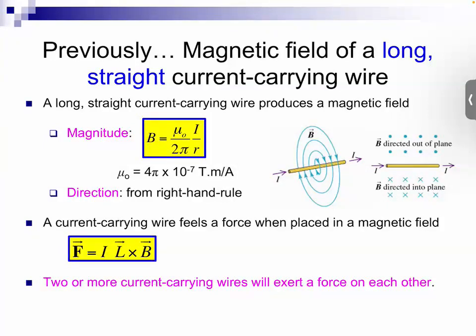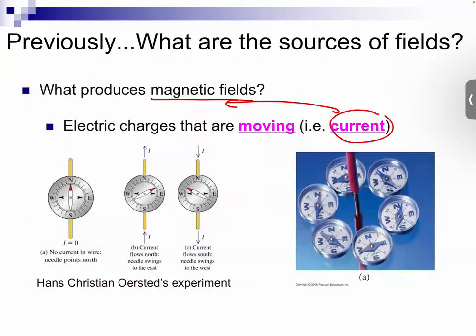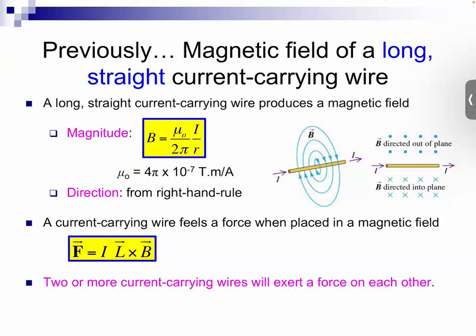Then we learned that for the direction, since it's experimentally observed that the magnetic field forms circles around the current carrying wire, we use the right hand grip rule: you point your thumb in the direction of the current and your fingers curl in the direction of the magnetic field. Hence in this illustration, the magnetic field lines are circles.